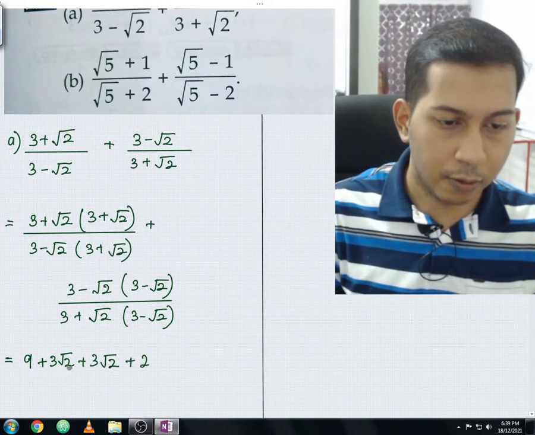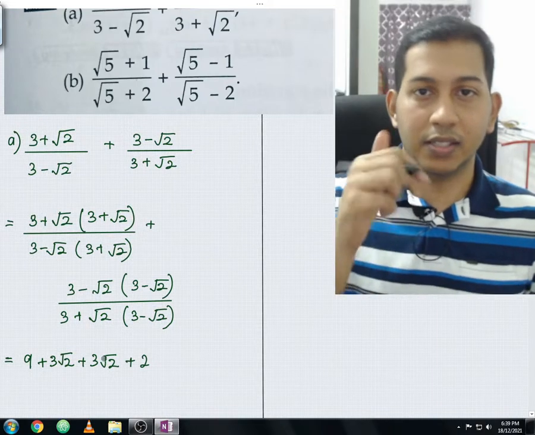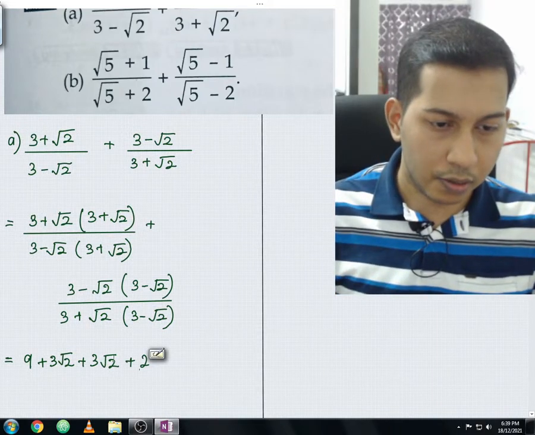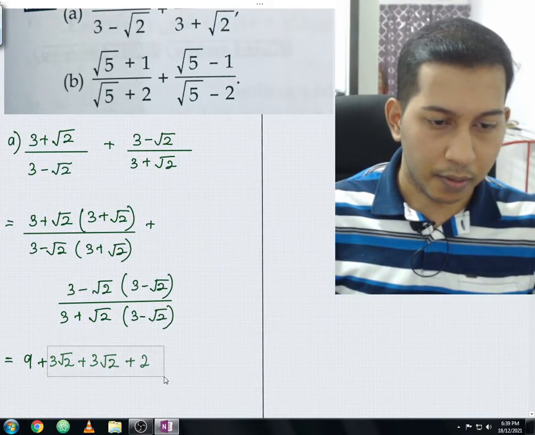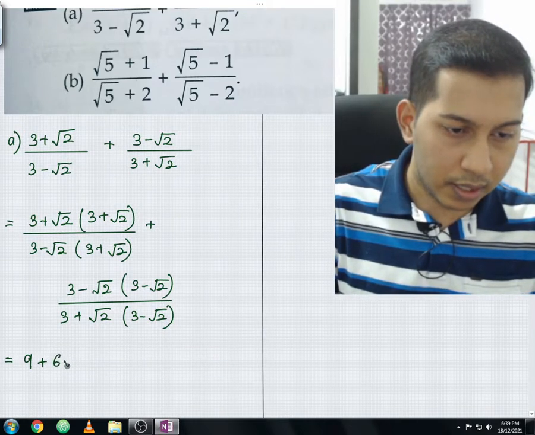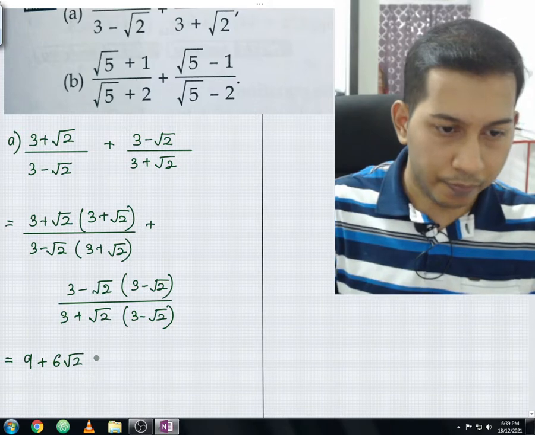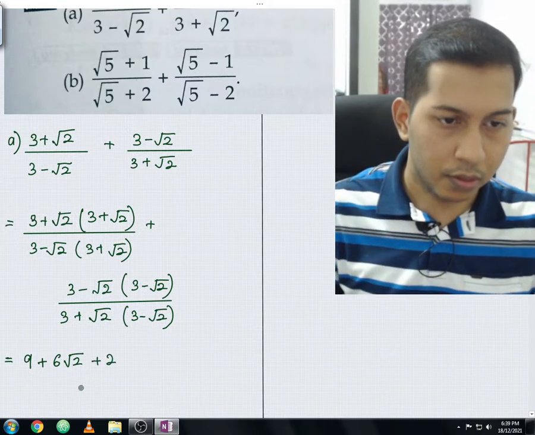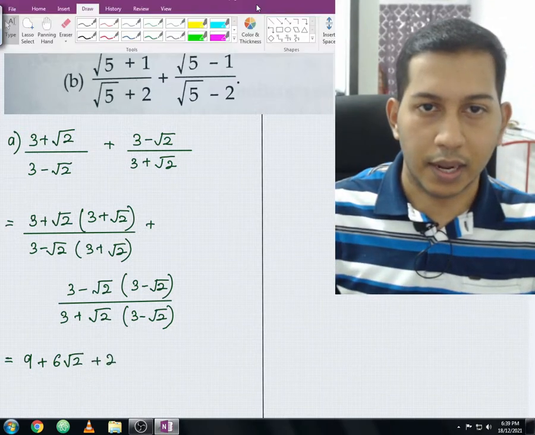So 3√2 plus 3√2 is 6√2. This 2 you can combine into 1. So from here you get 9 plus 6√2 plus 2. Let me underline the fraction.